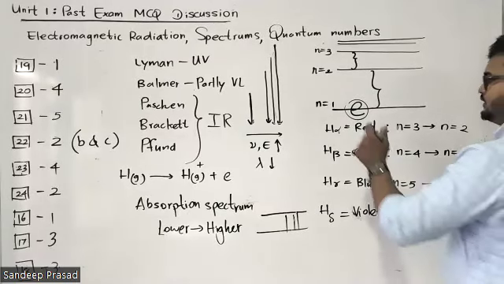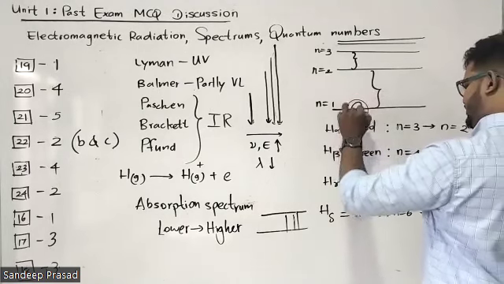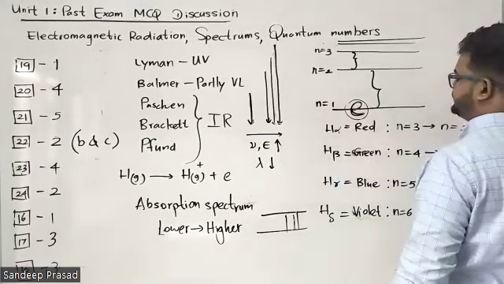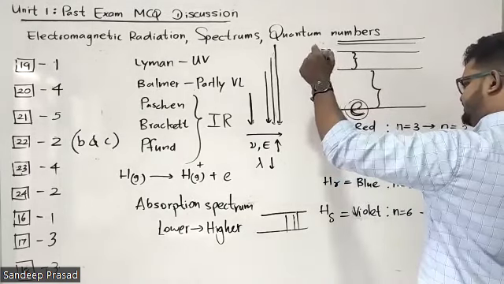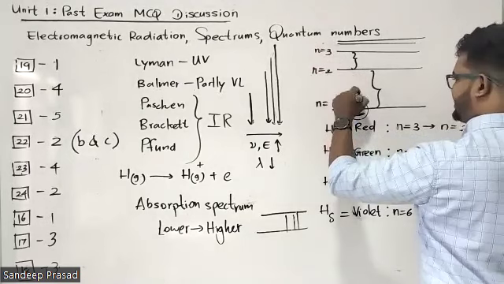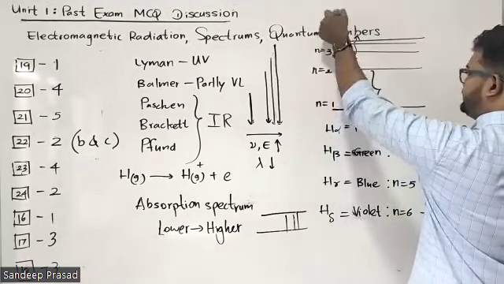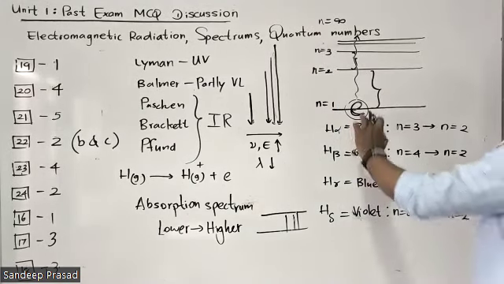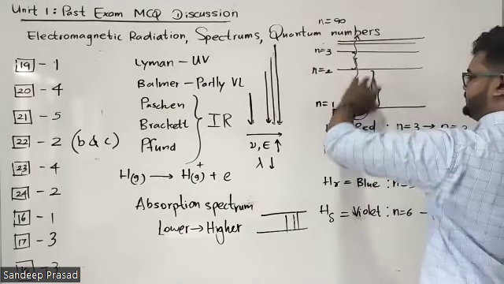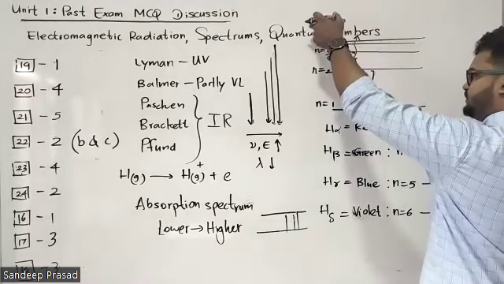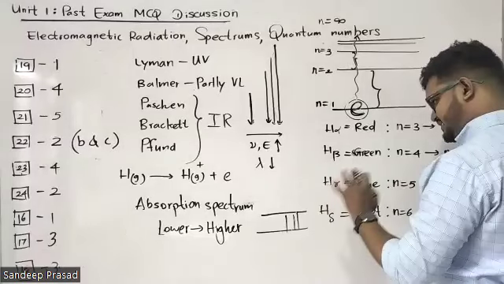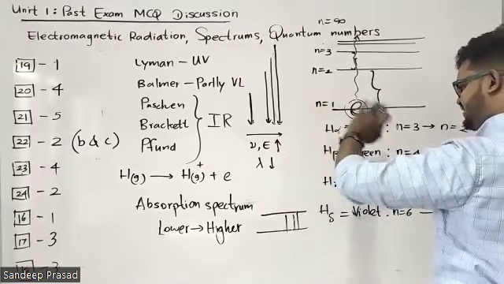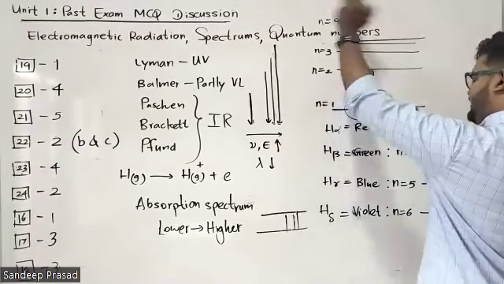Now look at this. We know that in the hydrogen atom there is an electron in the first principal energy level. When that electron is released, it is going to the infinity energy level, n equal infinity. So this can be absorption, because they are going to a higher energy level. If they have given ionizing an element, the electrons in the ground state are going to the infinity energy level.